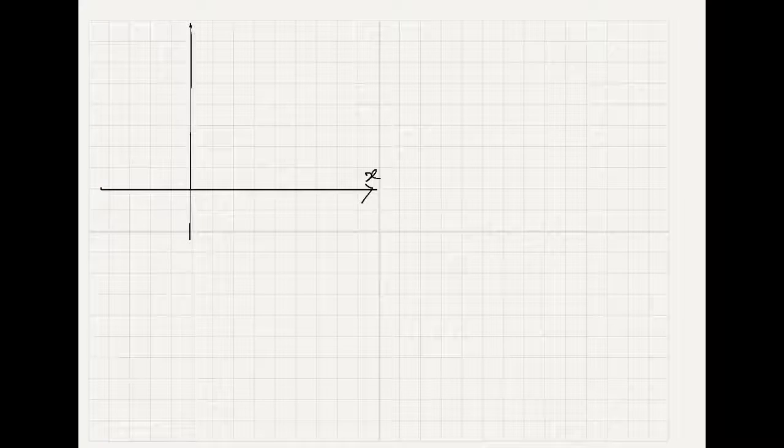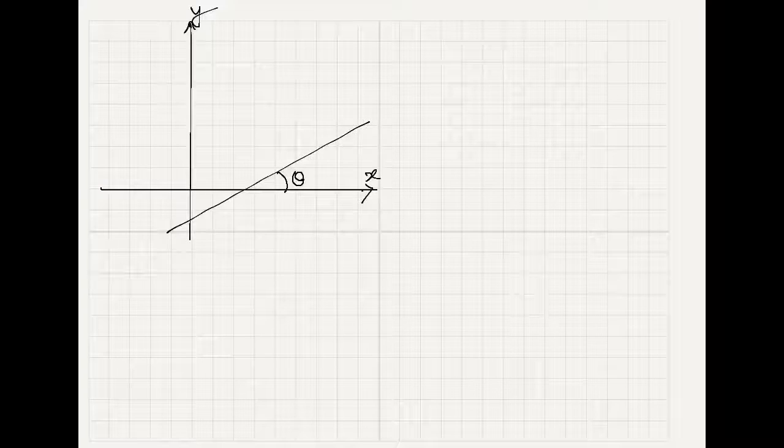This is the x-axis, this is the y-axis. There is a possibility that the line is inclined on the right hand side, and this is the theta it makes with the x-axis, and this is called the slope. All these lines are inclined on the right hand side with any angle.